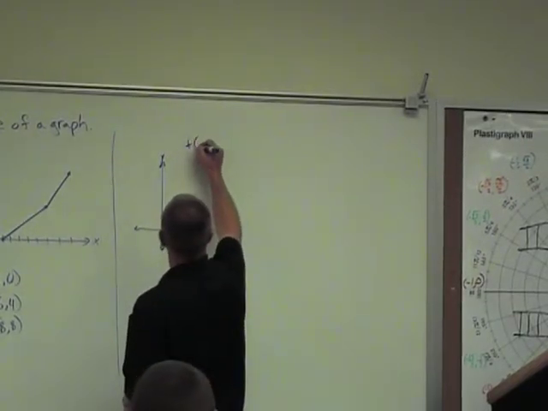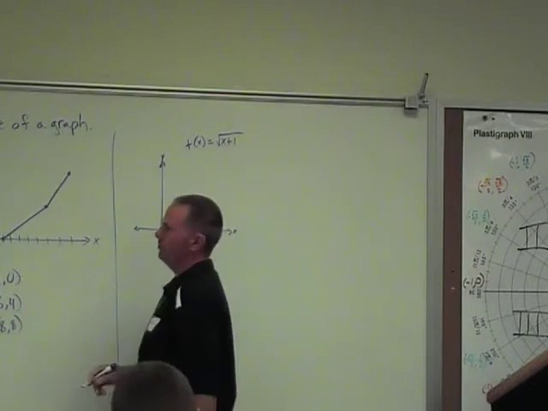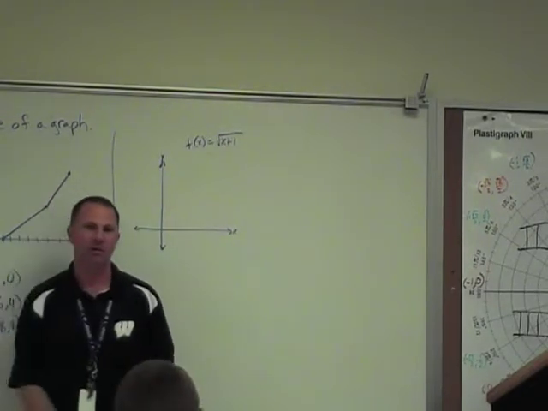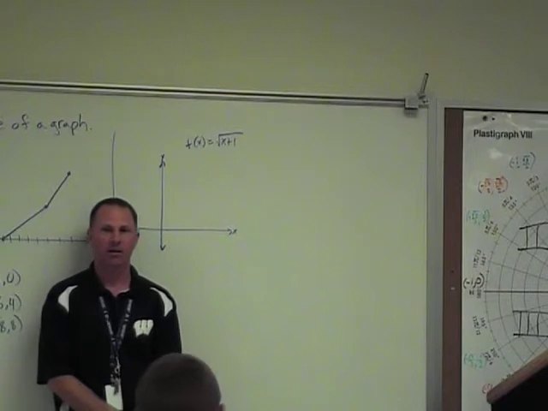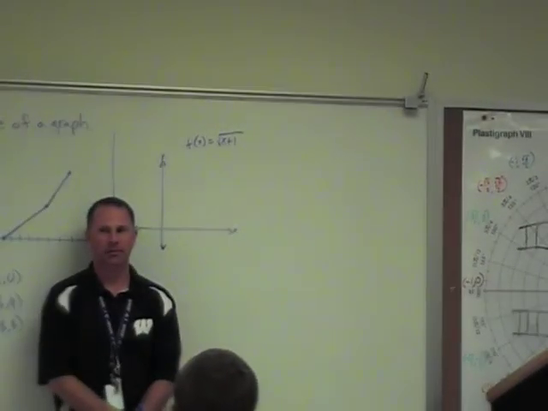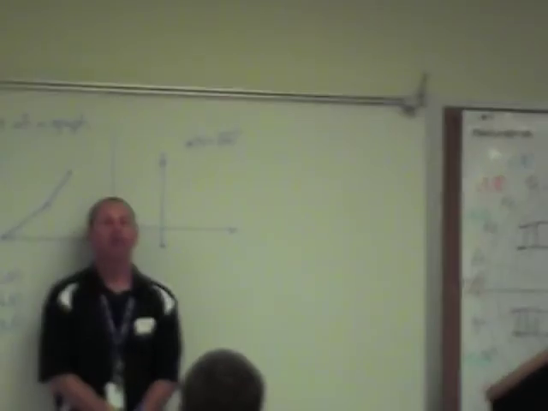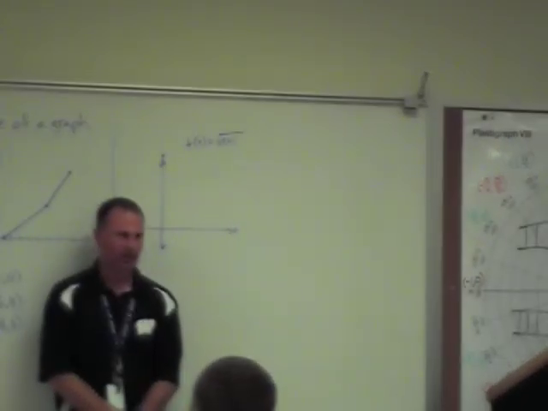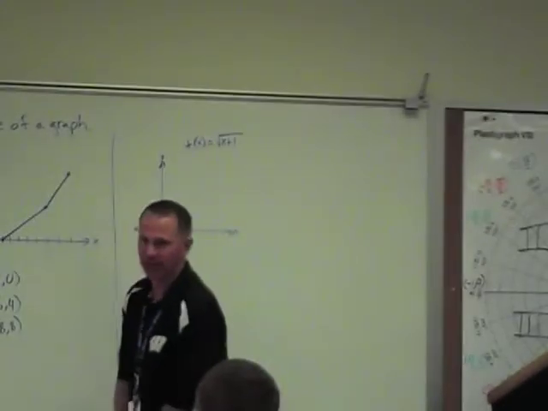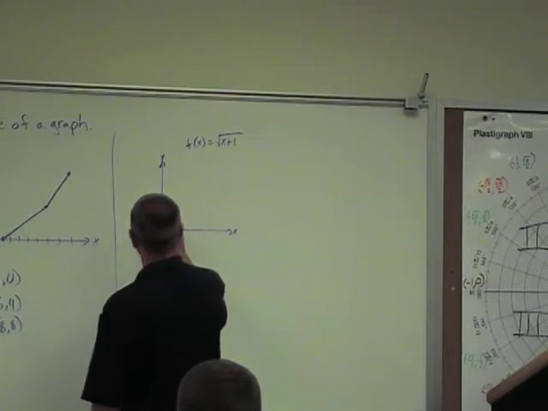Here's your function, f of x equals the square root of x plus 1. Somebody tell me where that starts. Where does it start by looking at it? Yeah, left 1, right? Correct? Left 1. So it starts here.